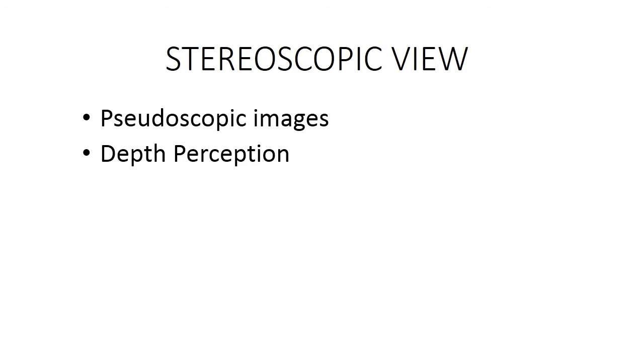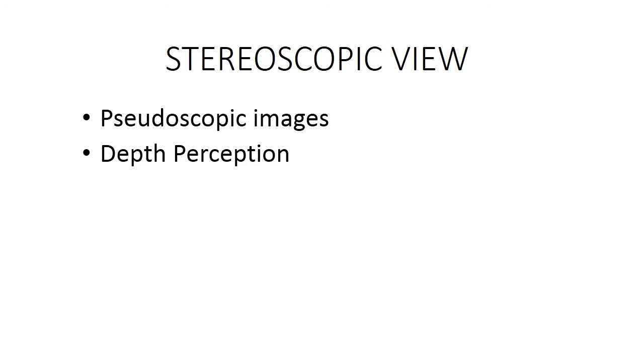The optical axes of the two eyes converge on the point, intersecting at an angle called the parallactic angle. The nearer the object, the greater the parallactic angle, and vice versa.